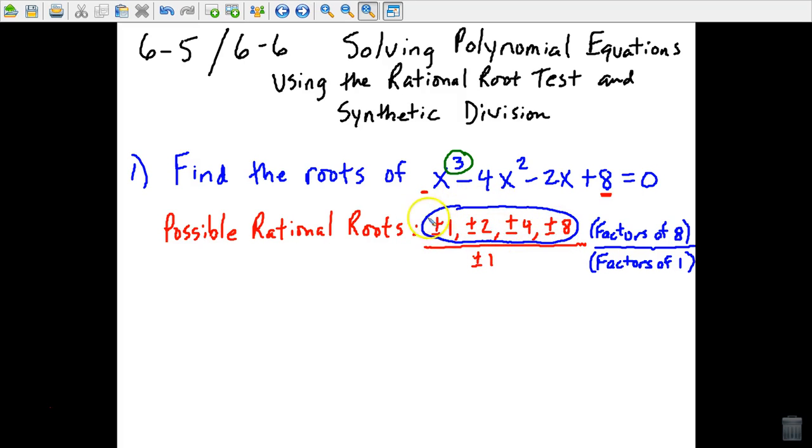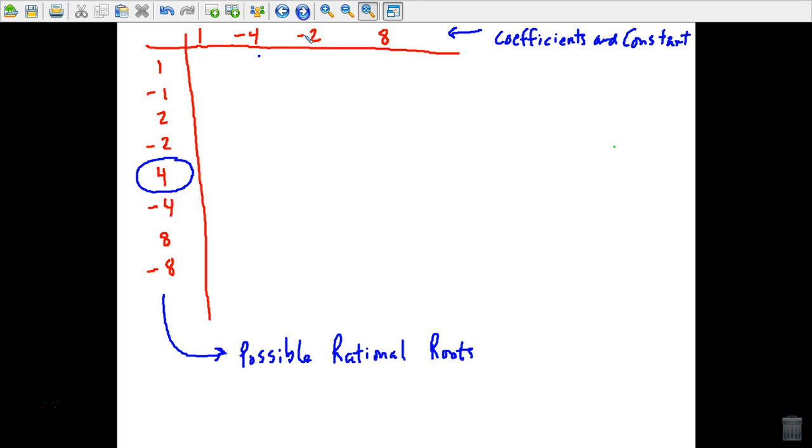So what do we do with those possible rational zeros? Well, we're going to make a table. And I'm going to make a list of those possible rational zeros that we got from the rational root theorem. Notice how they're listed down the side of my table.